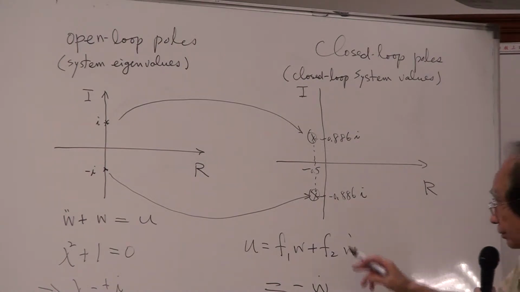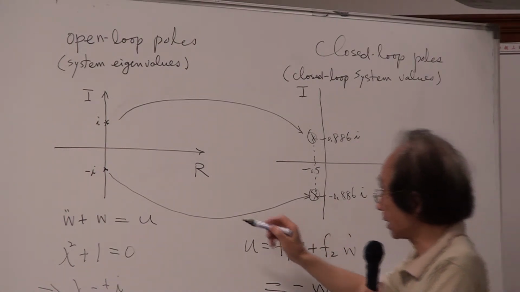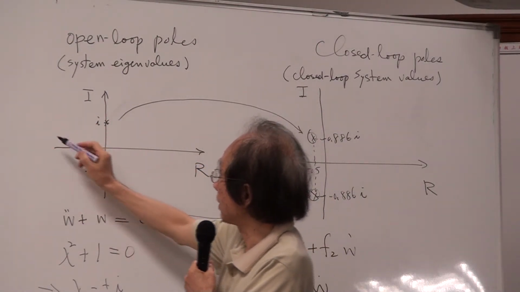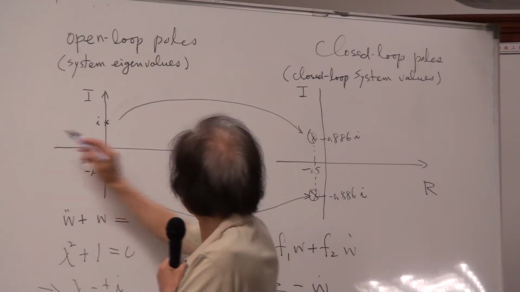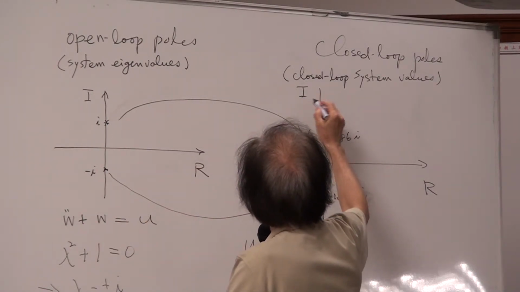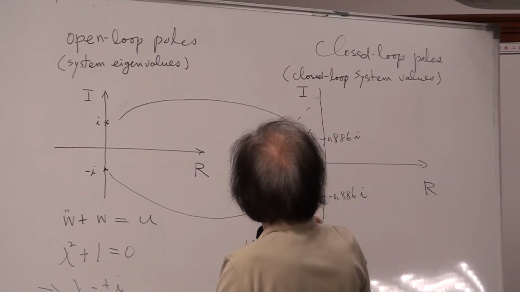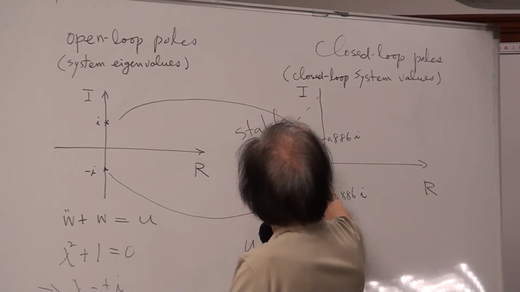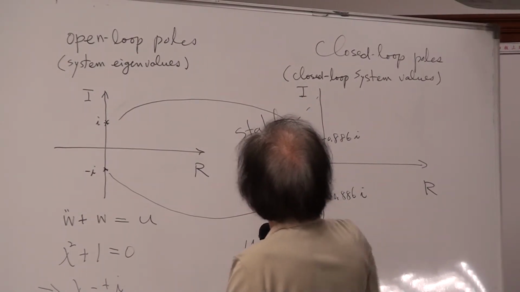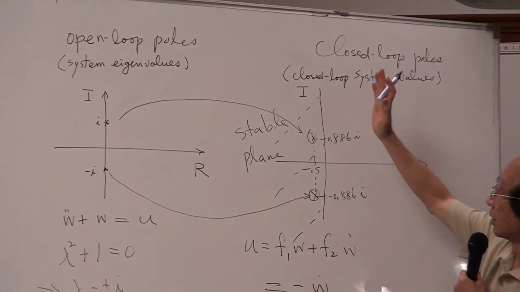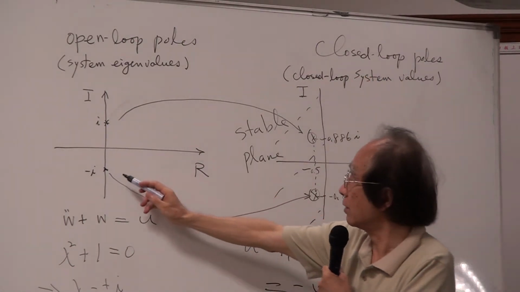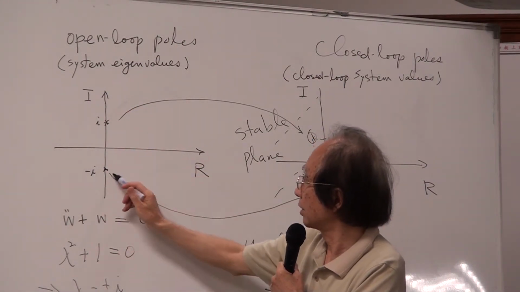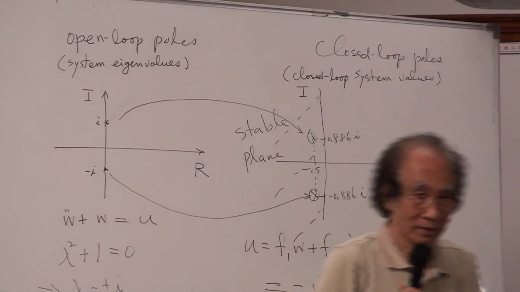In the system, we know that all of this left-hand plane is a stable plane. All in here is the stable plane. All right. So here, if you have a pole on the imaginary axis, you remember that?